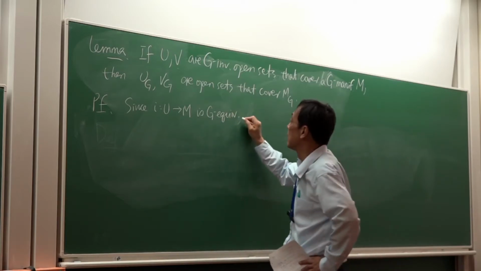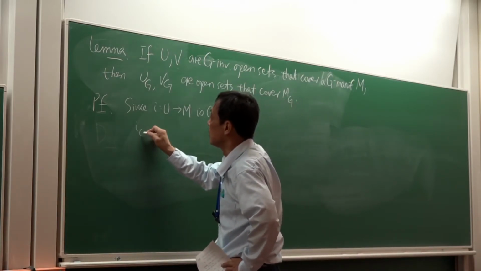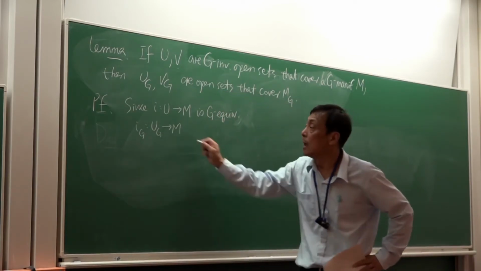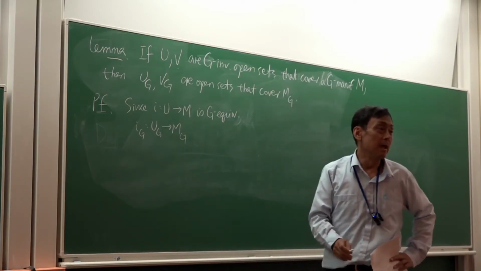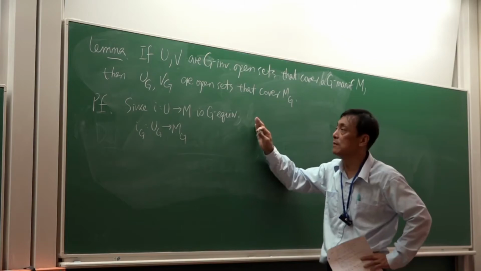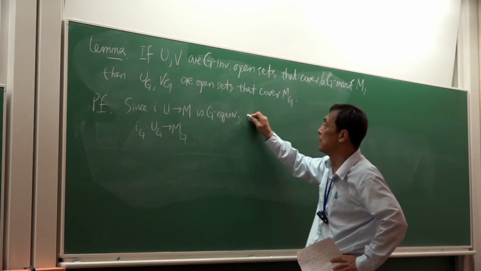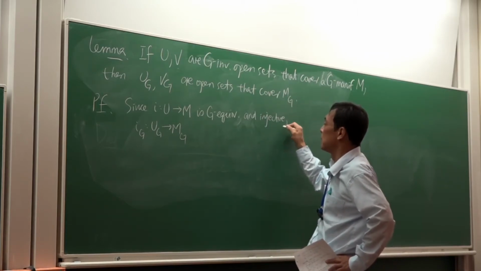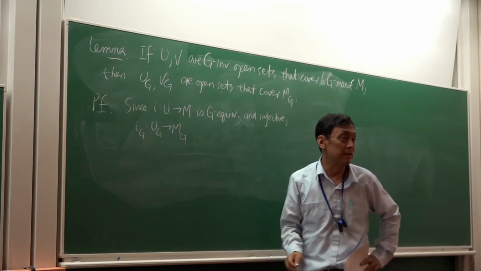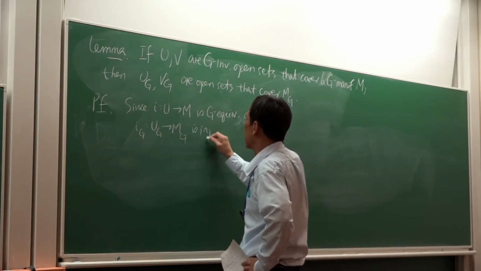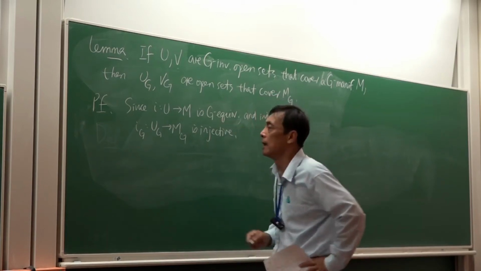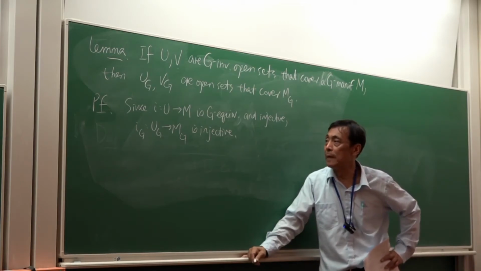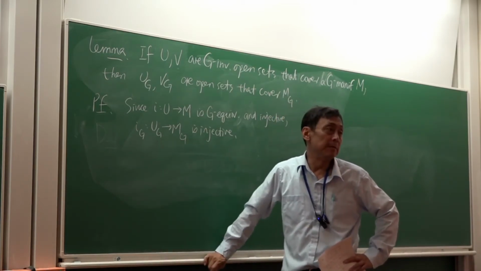There is an induced map, and it's a general property of equivariant maps that if you start with an injective map, then the induced map is injective. And so that says U_G is a subset of M_G.